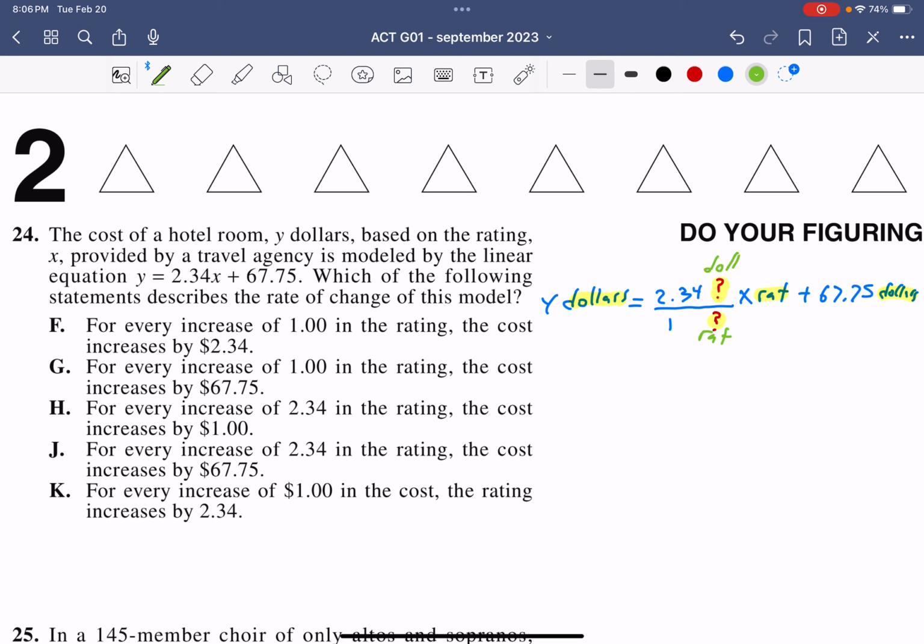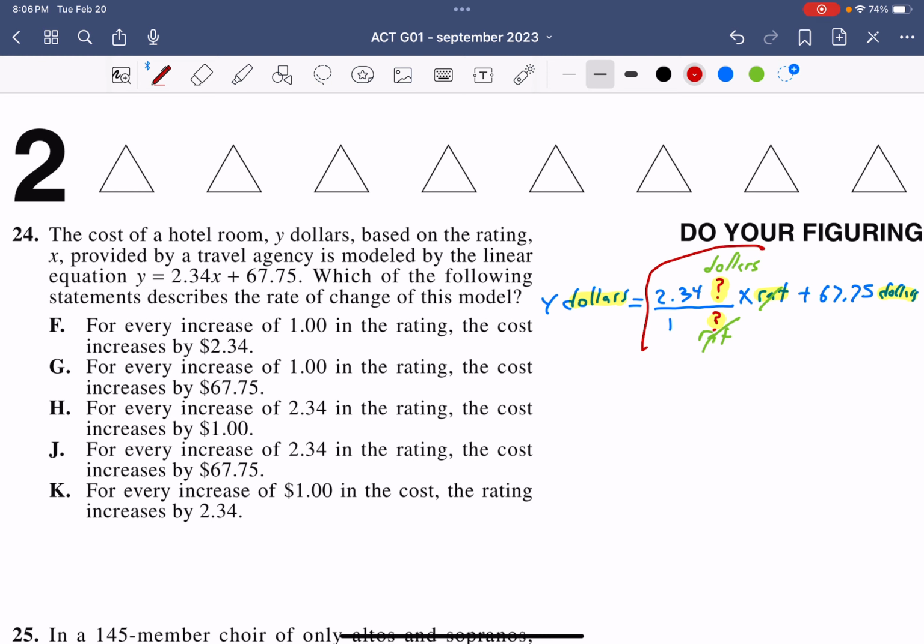And the reason I'm doing that is because when I eventually multiply this out, my rating units are going to cancel with the rating units down here, leaving me with units of dollars, like I said before. So we would have 2.34x dollars plus $67.75 equals y dollars.